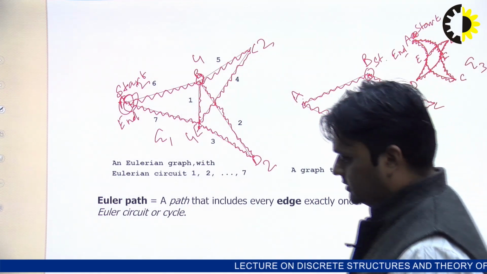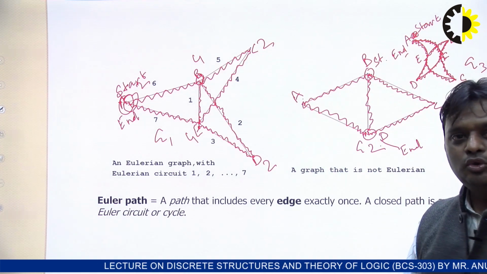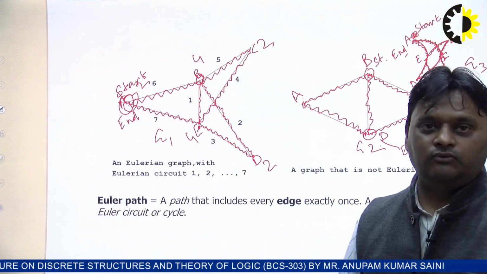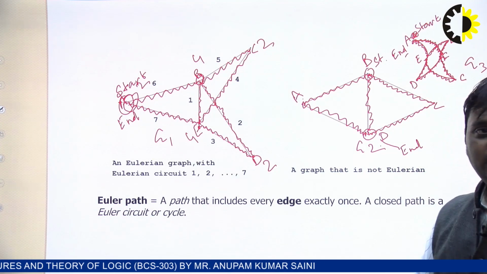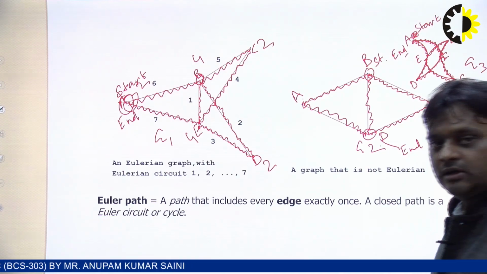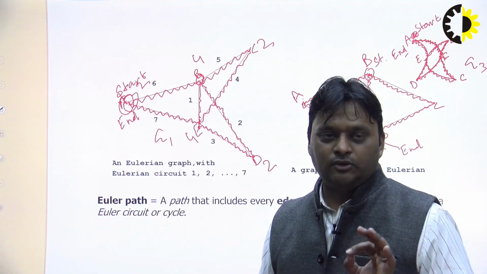If there are exactly two vertices of odd degree, then an Euler path will form. We see here, start with one odd degree vertex and end with the other odd degree vertex, then an Euler path will form.